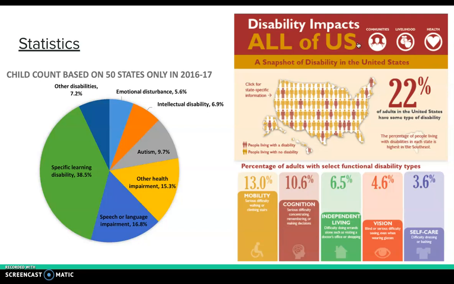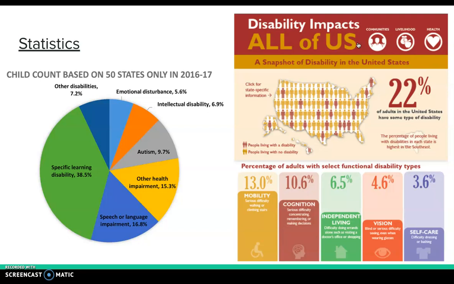And looking at the graph on the left, this is specifically for students from 2016 and 2017, and how their disabilities are broken up. And almost 40%, which is the vast majority here, have a specific learning disability. 17% speech or language impairment. 10% of students have autism.